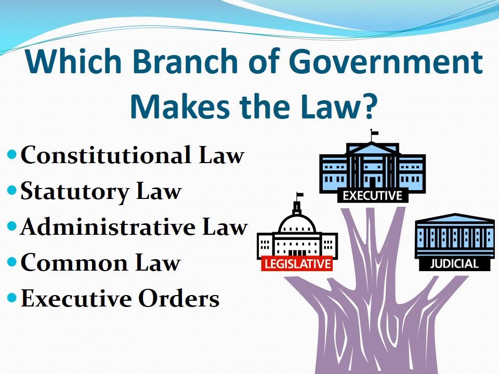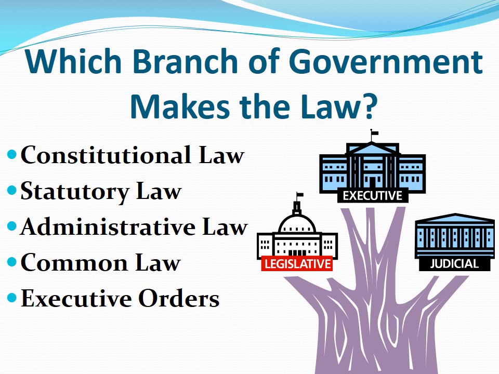So let's quickly go over which branch of government makes the law. Well, constitutional law is going to be made, of course, by the Constitution, and so that's something that won't really fit into our tree here of legislative, executive, and judicial. However, constitutional law is interpreted by the judicial branch. Statutory law is law which is created by the legislative branch, by a legislature sitting down and writing the laws.